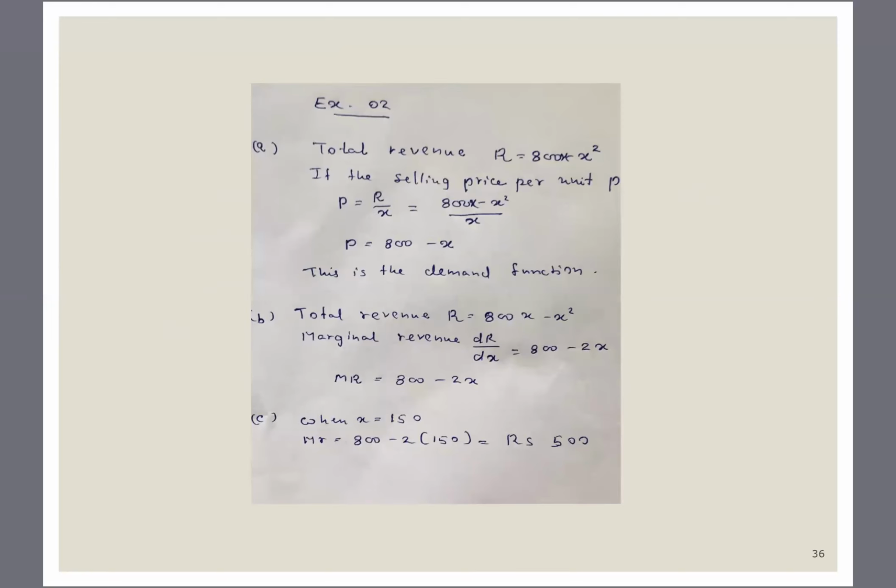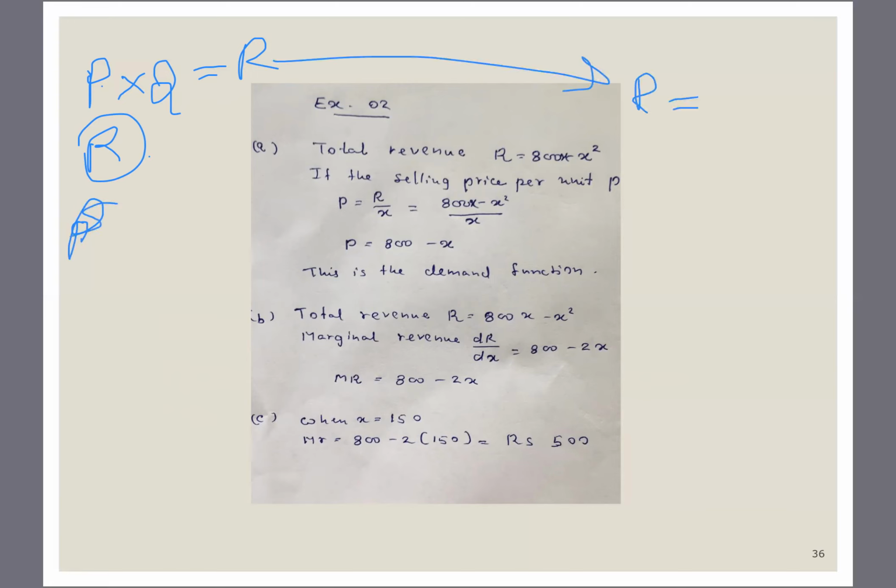If we have the demand function, we can get the revenue function by multiplying it by the number of units. So I will show you. If we have P, then we multiply it by Q, the quantity, and we can get R. If we have R, then we can get P by dividing. When R equal to P multiplied by Q, then P equal to R divided by Q. Q means the number of units here.